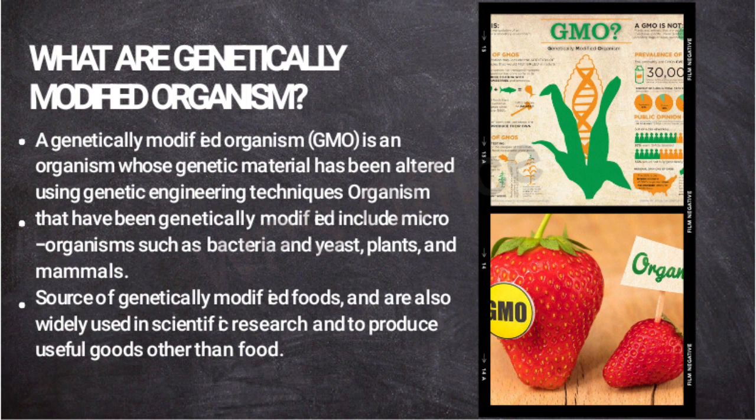They are a source of genetically modified foods and are also widely used in scientific research and to produce useful goods other than food. So in other words, genetically modified organisms refer to a plant, animal, or microbe in which one or more changes have been made to the genome, typically using high-tech genetic engineering in an attempt to alter the characteristics of an organism.